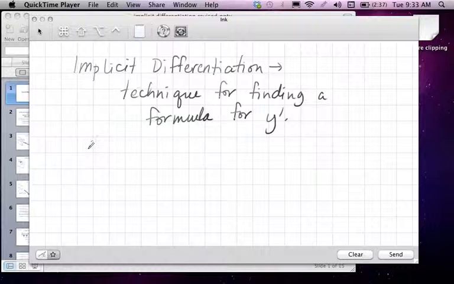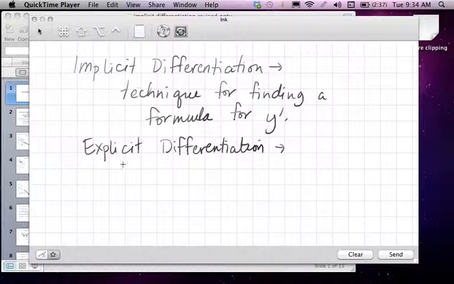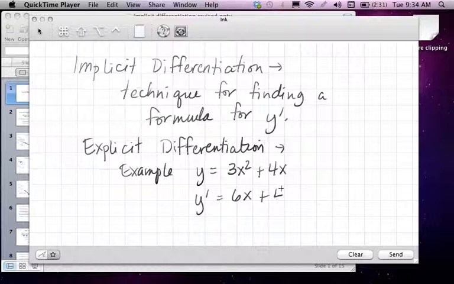So far you've been doing explicit differentiation. An example, y equals 3x squared plus 4x. Explicitly finding y prime, you use y prime is 6x plus 4. So that's explicit.